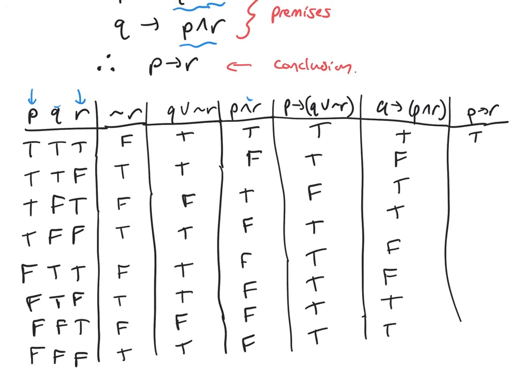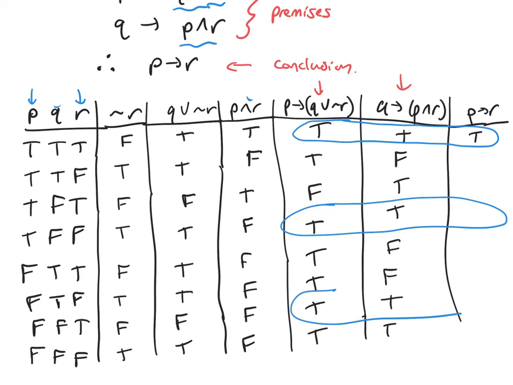So let's look here. These last two were my premises. So we want to find our critical rows. So what are the rows where they're both true? Let's go ahead and just circle them. So they're both true here. They're both true here.